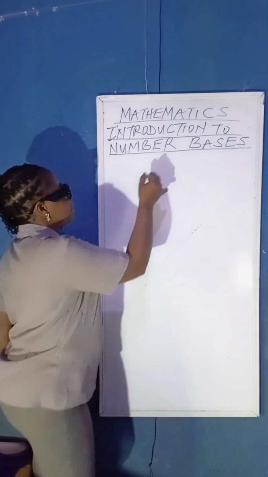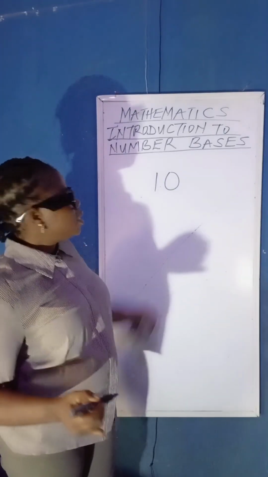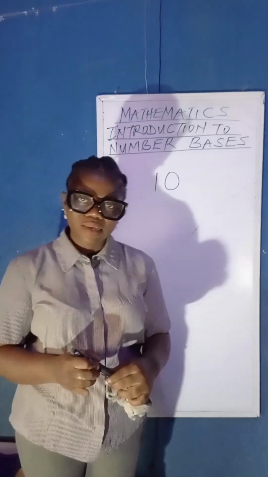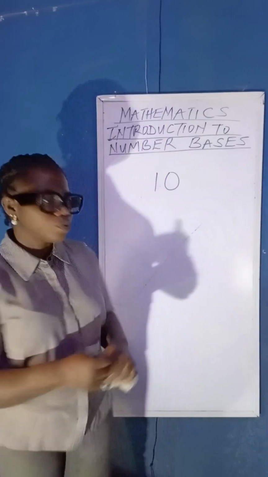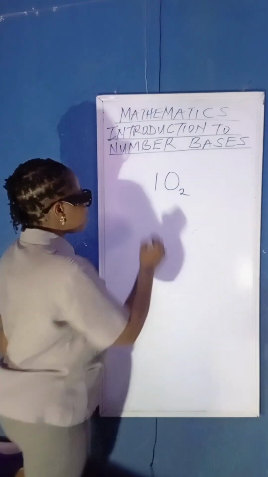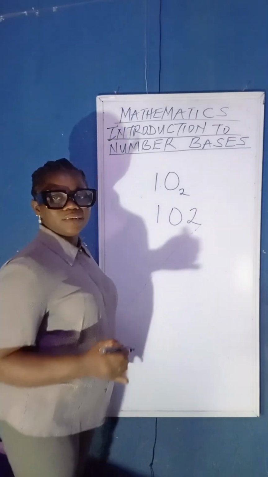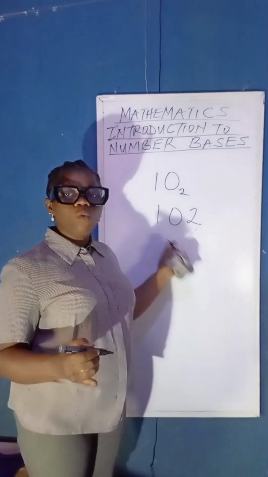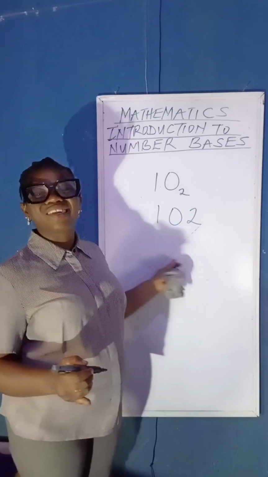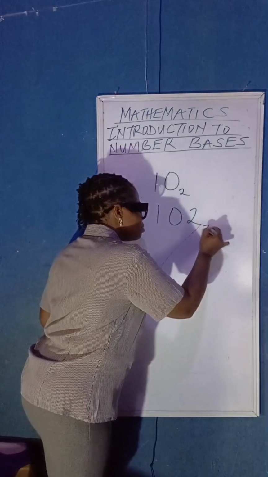If I write a number like 10 in base 2, this is not called ten, it is called one zero, and I will have to write the base beside it. If I write a number like 102 in base 3, this is not called one hundred and two, because this is not base 10. This is base 3. So I have to write the base.